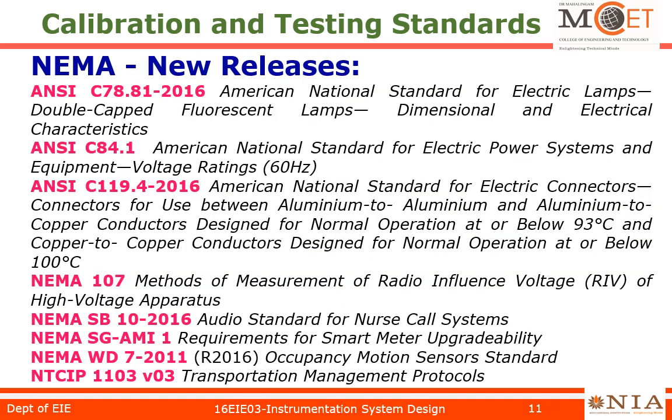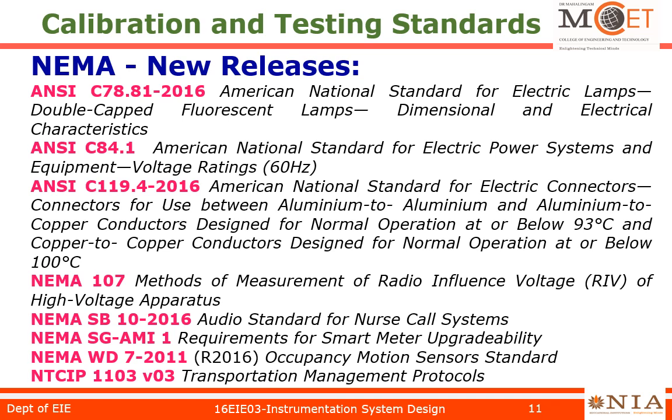And other new releases of NEMA are, one is ANSI C78.81. It was developed in 2016. This is especially for electric lamps, double-capped fluorescent lamps. It gives the standards about the dimensional and electrical characteristics.